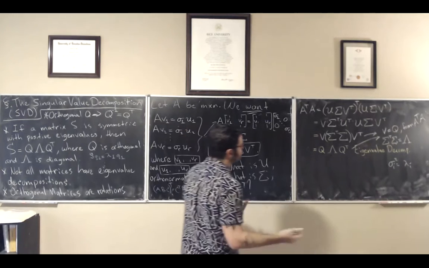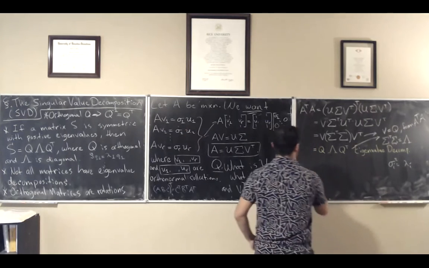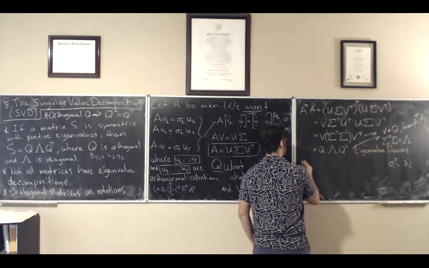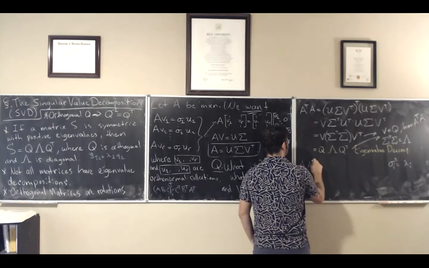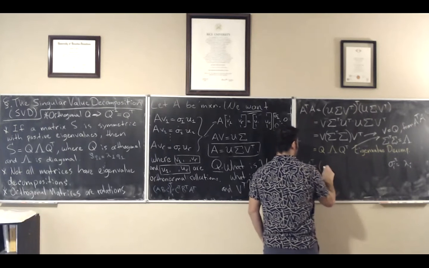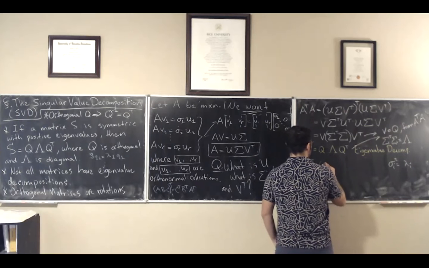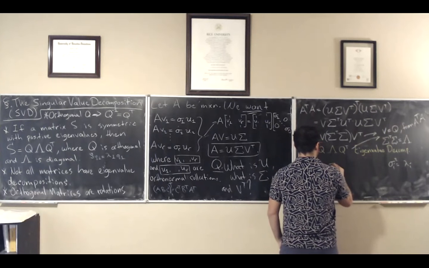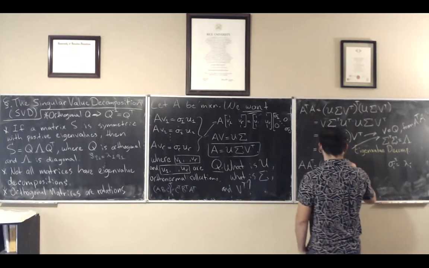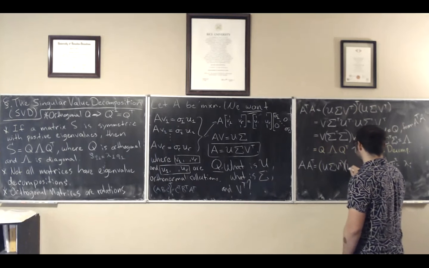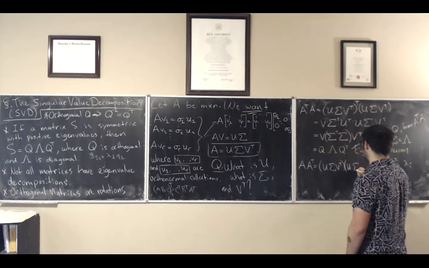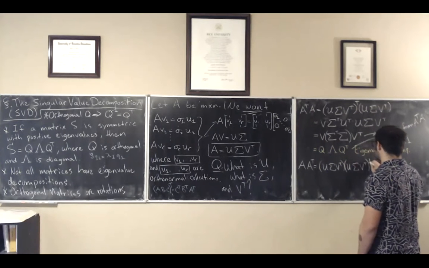How do we find the U's? Well, we can use the same trick. Just now look at the M by M matrix, A times A transpose. So this is going to be U sigma V transpose times U sigma V transpose, transpose.